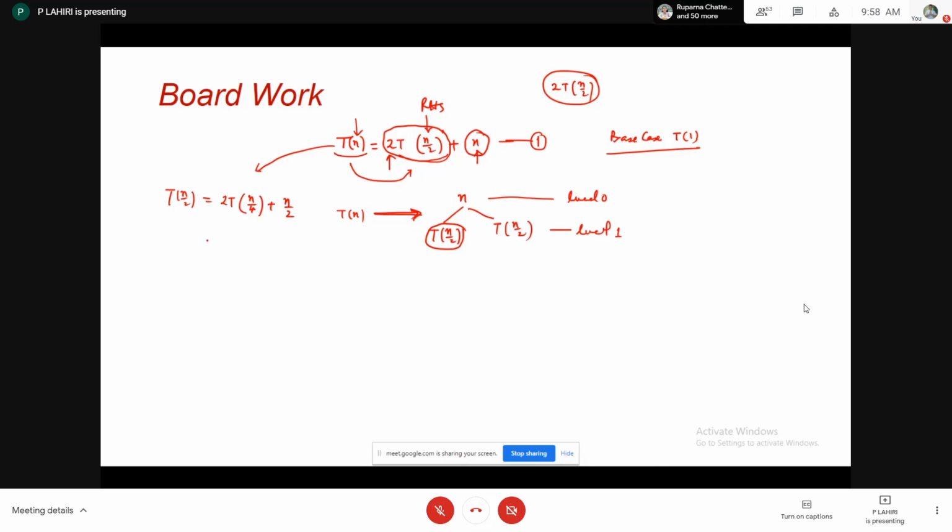If you put n as n by 2 in the main expression, we get n by 2 and t of n by 2 as a result. So this n will be replaced by n by 2.